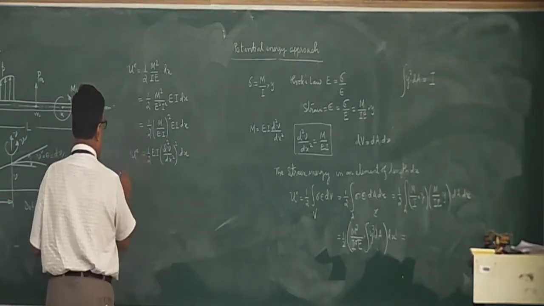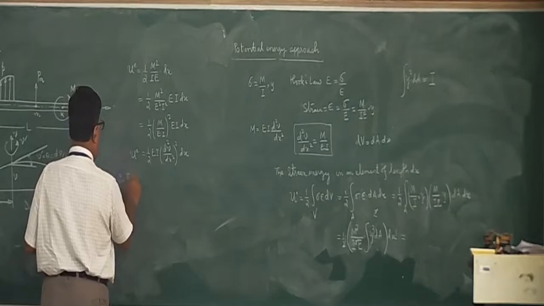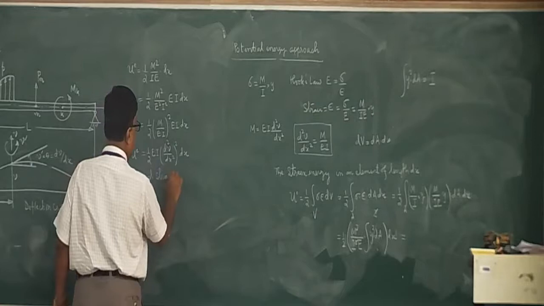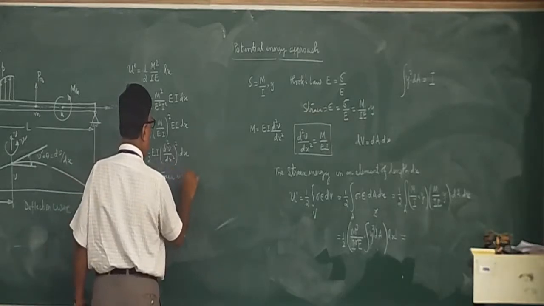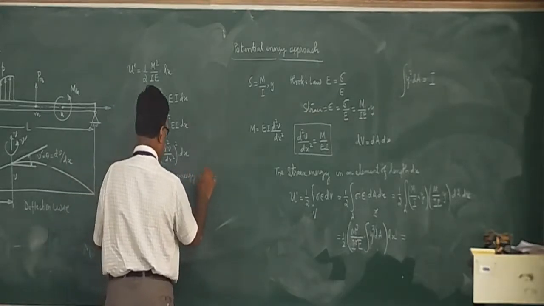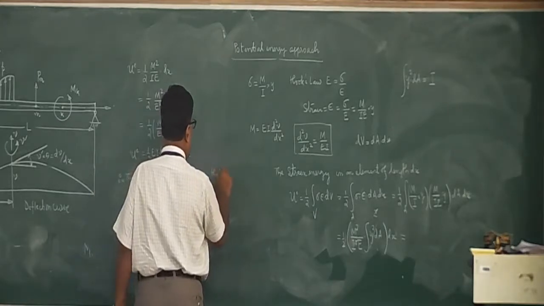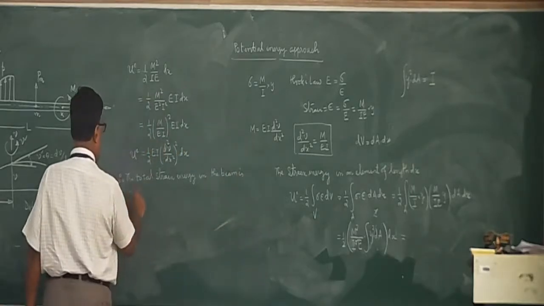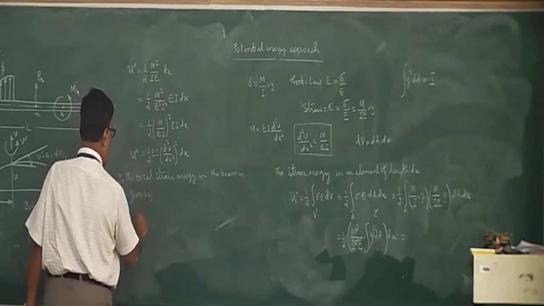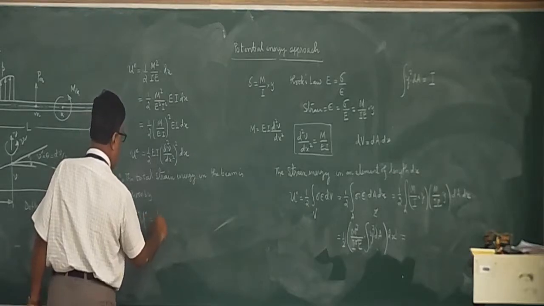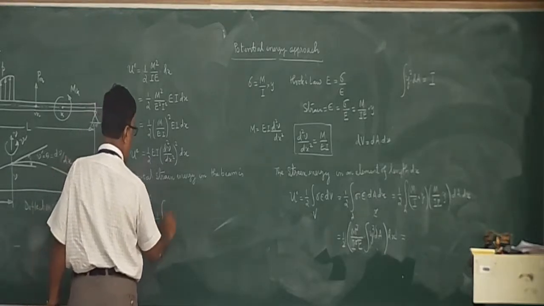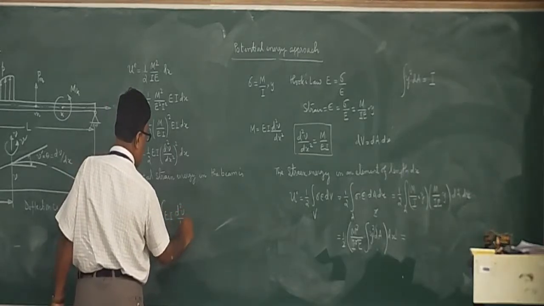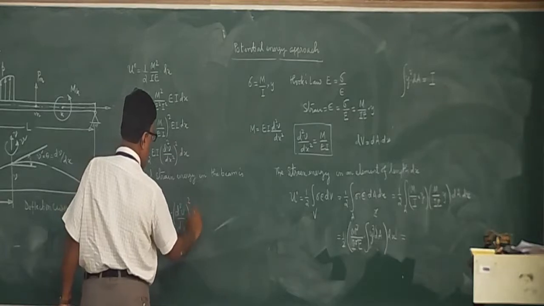Now therefore, if I want the total strain energy in the entire beam, it is given by the integration of EI into (d²v/dx²) whole square into dx.